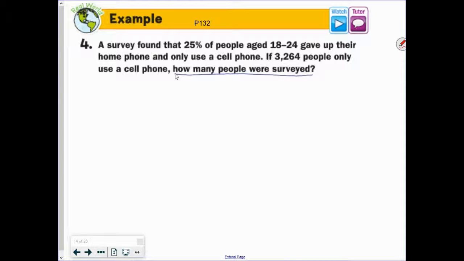So we're looking for the number of people surveyed. It says in that survey, 25% of people aged 18 to 24 gave up their home phones and only use a cell phone. It says 3,264 people only use a cell phone.